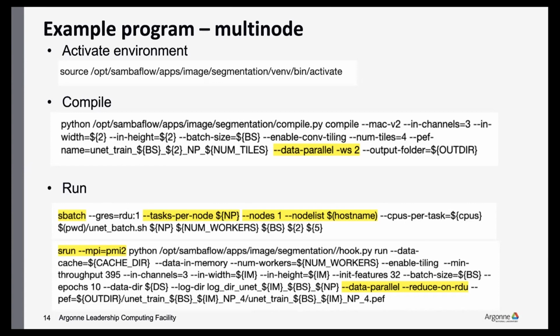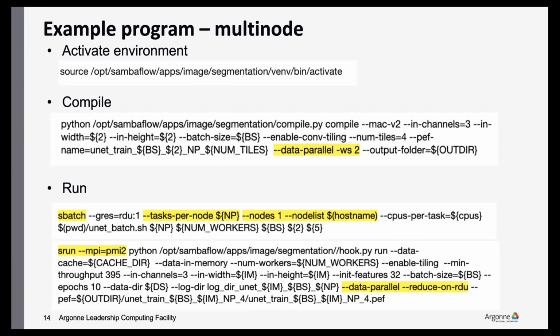But the actual run command for the particular example here, which is the UNet, as you can see, uses a Slurm command again with srun, and then it uses MPI.